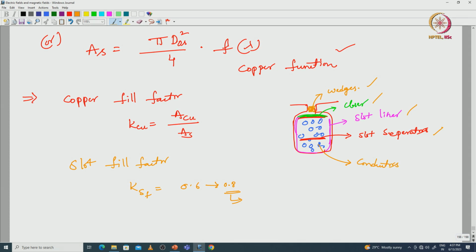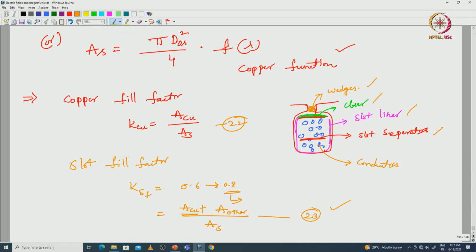Including all these components we have to find the slot fill factor. ACU is the copper area and A other materials is the area of wedges, closers, slot liners, separators etc., divided by total slot area. This is equation number 23. So, from this equation we can find the slot fill factor.